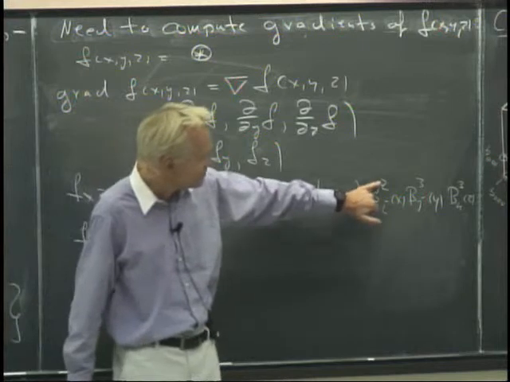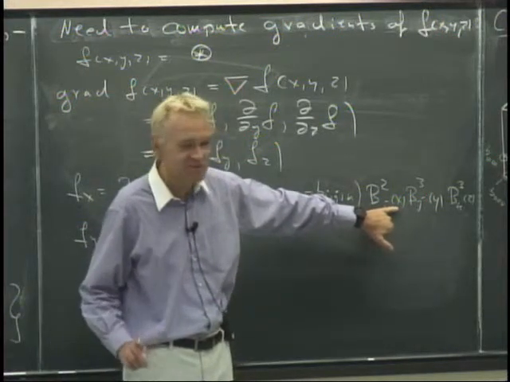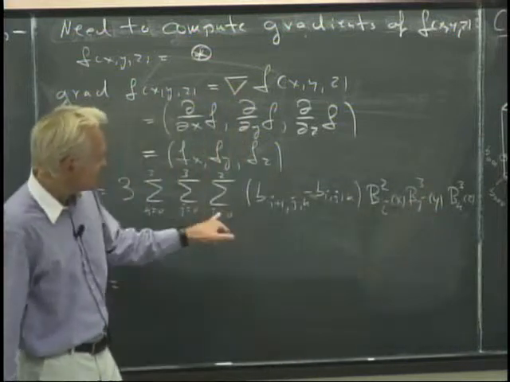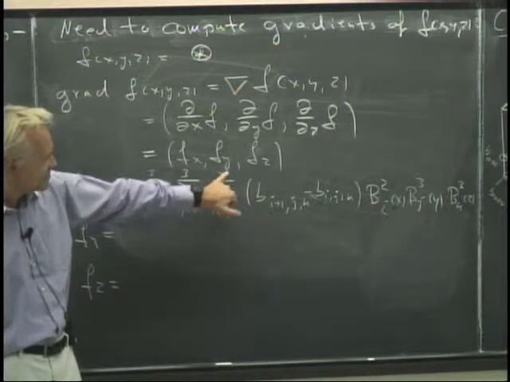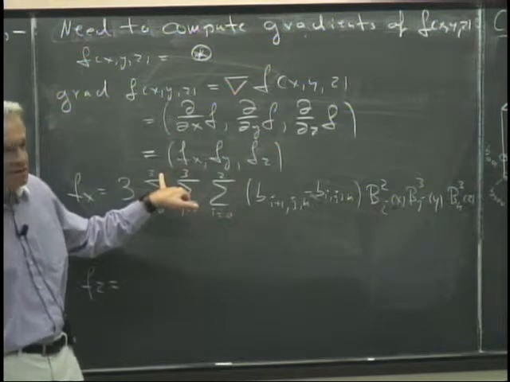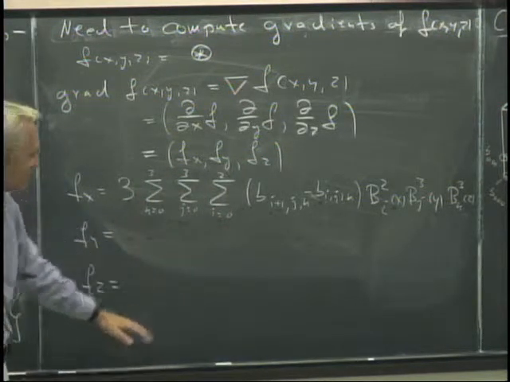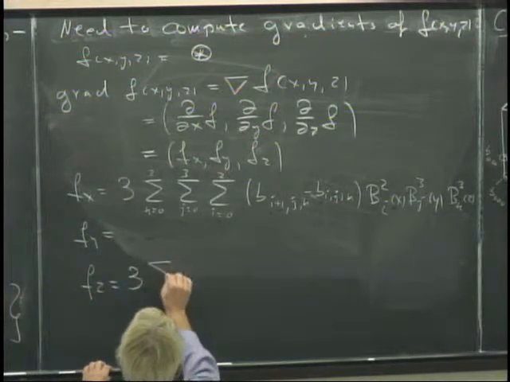And then the polynomial degree goes down for the polynomials in x, only for those, because they only differentiate with respect to x, not with respect to the others. Okay? And then therefore also the index for i has to terminate at 2. The others still go up to 3. So now by pattern, you see what f sub y has to be, and f sub z, I'll give you that. So f sub y is the same game, 3 times a triple sum.